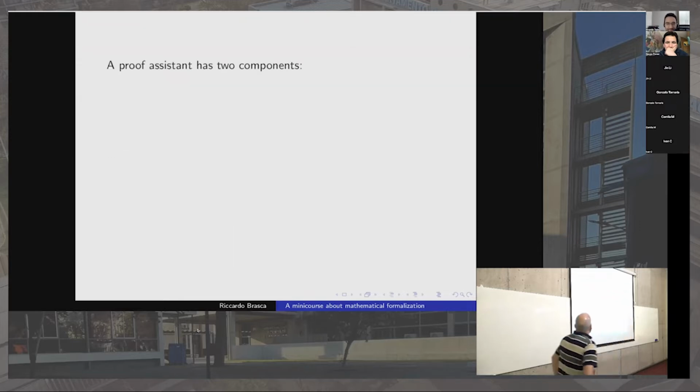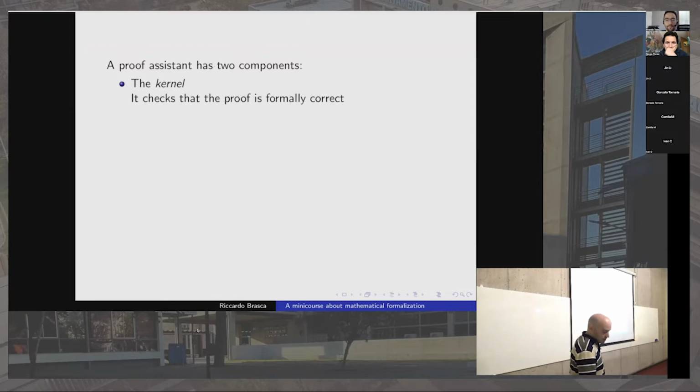Okay, let me explain a little bit more in detail how a proof assistant works. It has two components. The most important one is the kernel of the proof assistant. That is the component that checks that the proof is formally correct.